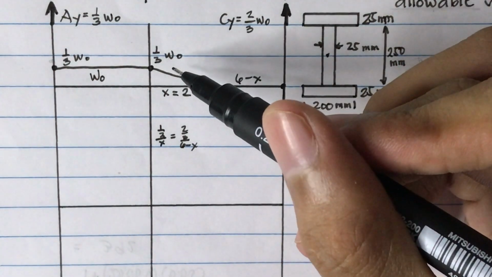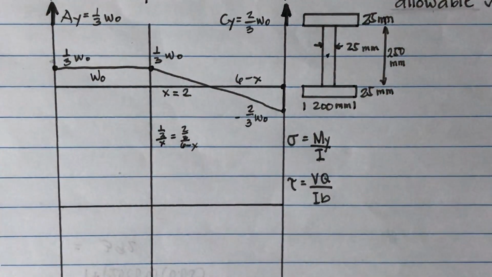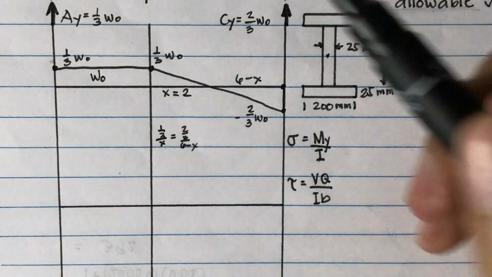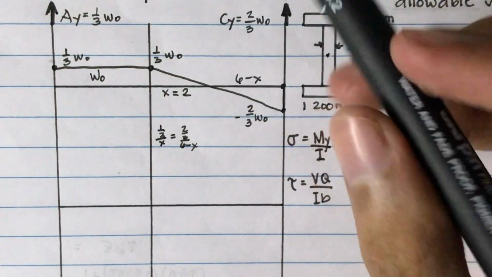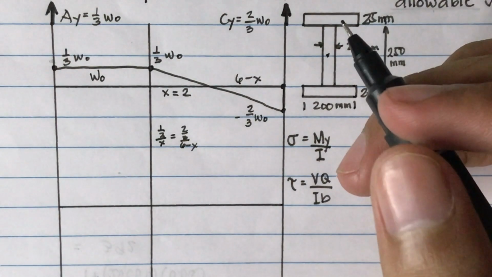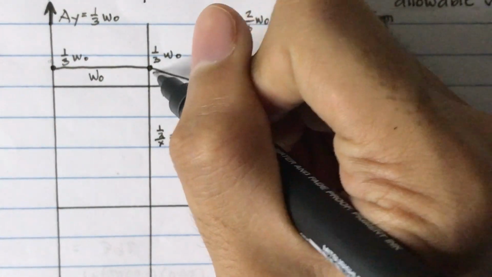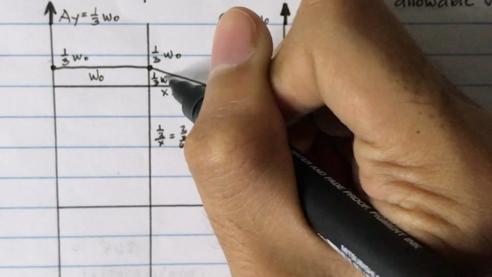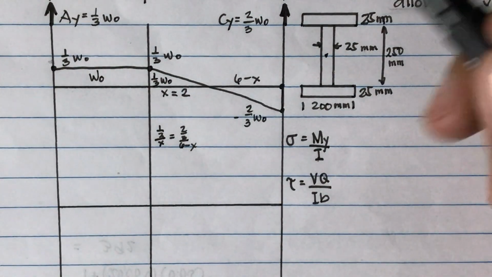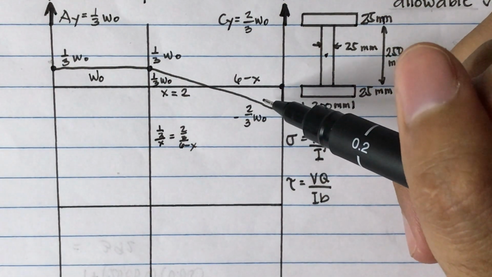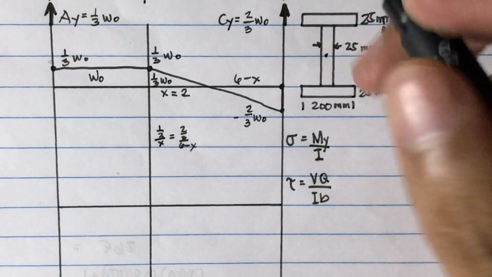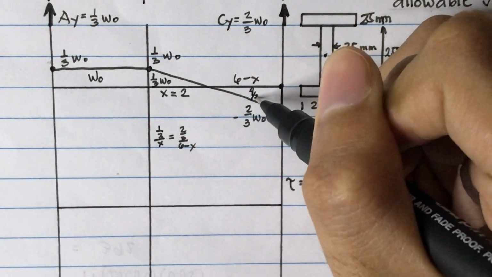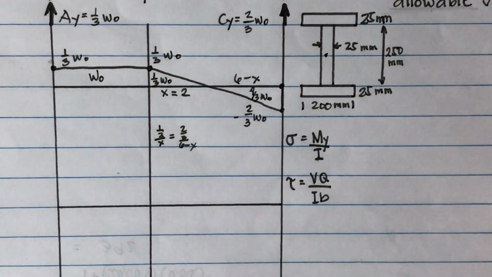So 1/3 times base of 2 times height of 1/3, so we will have an area of 1/3 WO. Next is here, we will have a value of 4/3 WO.